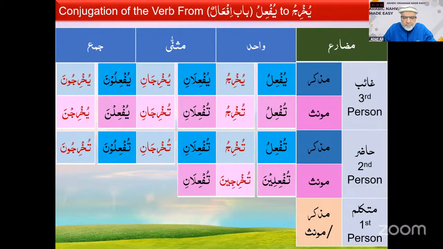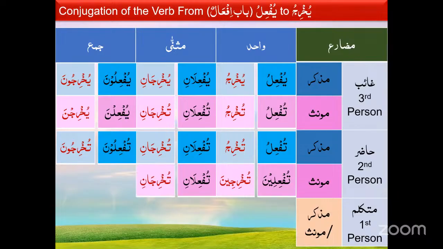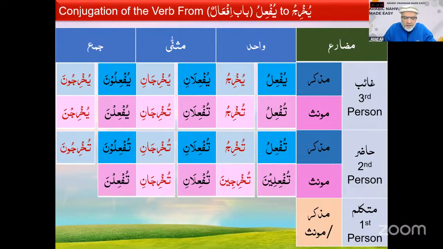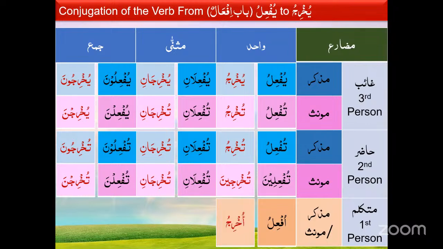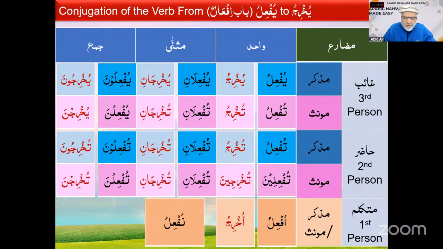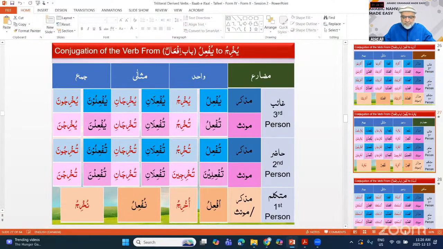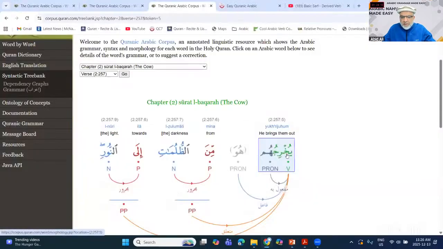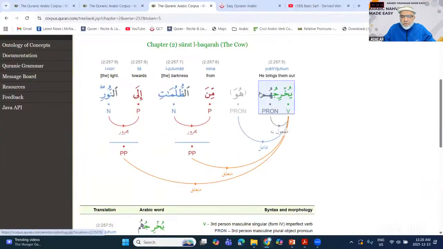Tuf'ilani. Tukhrijani. Tuf'ilna. Tukhrijna. MashaAllah. Good job. Sister Iram. Uf'ilu. Ukhriju. MashaAllah. And Nuf'ilu. Nukhriju. MashaAllah. Good. So again, if you look at this ayah, it says yukhrijuhum min adh-dhulumati ila an-nur.